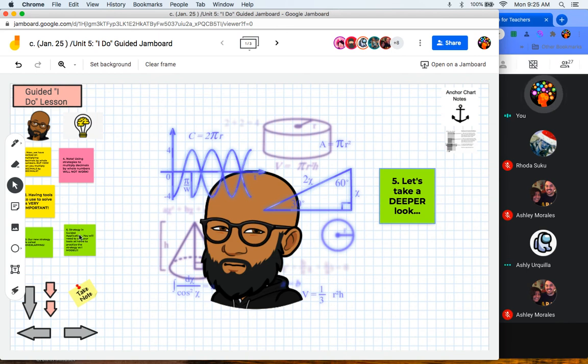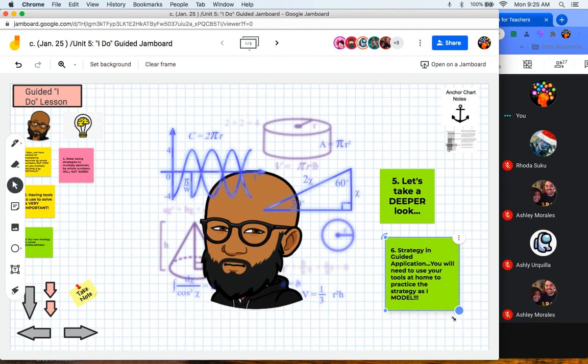So let's take a deep look in our guided application. It's best, to help you get some practice, to use your tools at home to practice the strategy as I model.